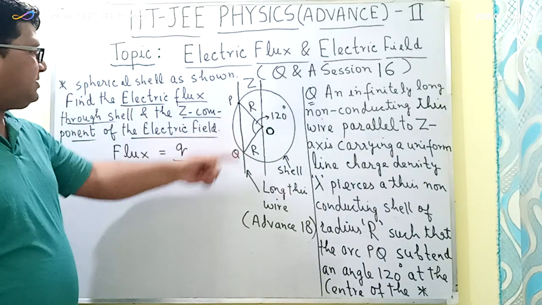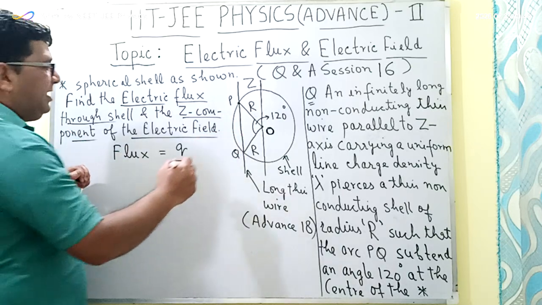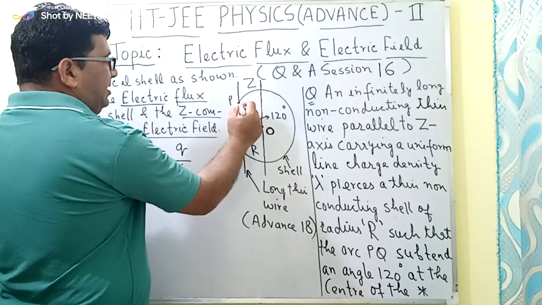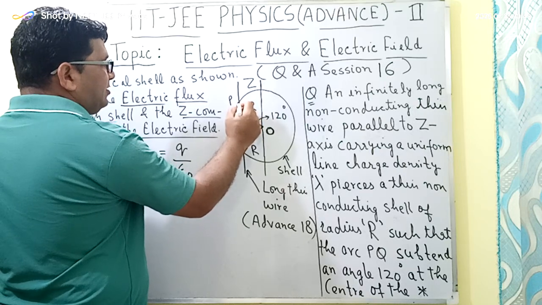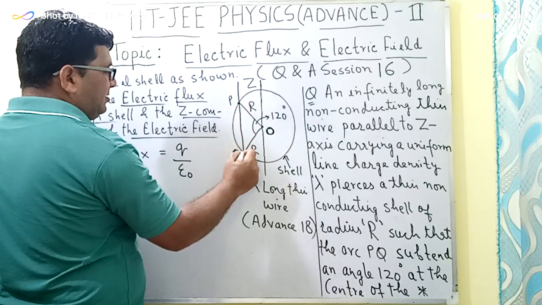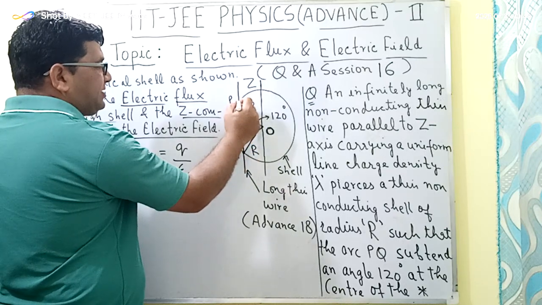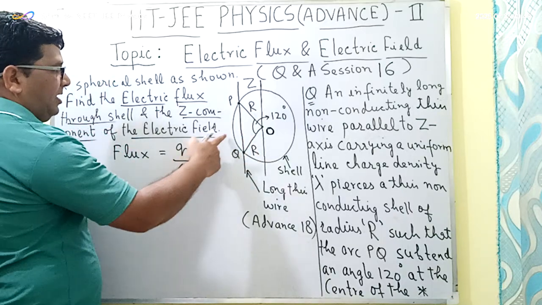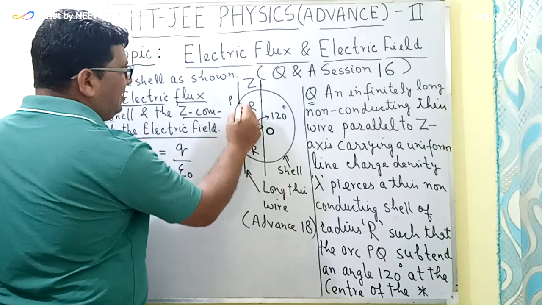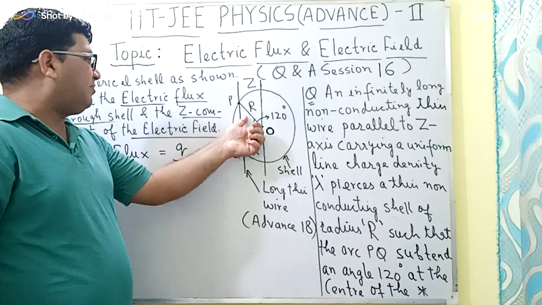In this case, Q will be equal to the total amount of charge which is present on this thin wire, or you can say the wire segment PQ. So we have to simply find the amount of charge on this wire segment PQ.